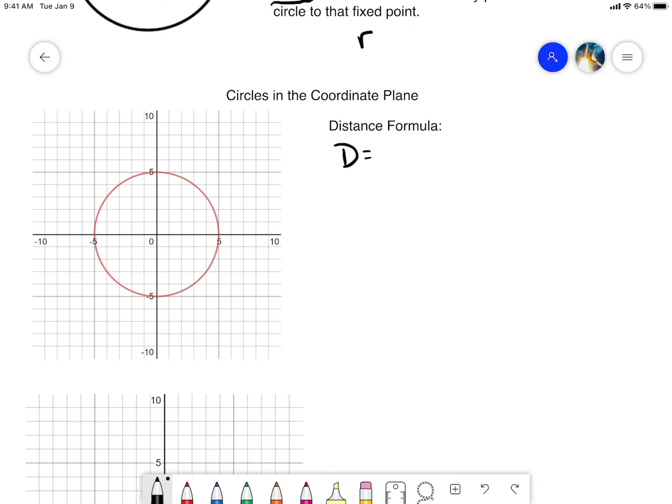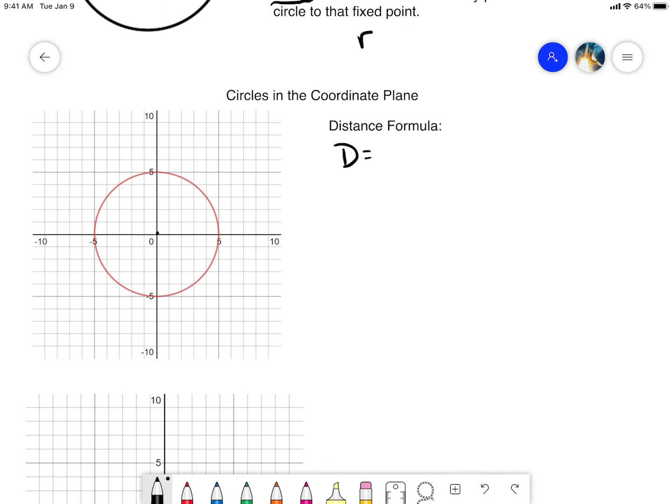Is it radius squared? No. I'm curious what you're the distance from. So again, we're not just talking about circles. I'm asking more of a recall question. Remember the distance formula that we used earlier in the year? I was thinking of diameter. Okay. Who can come up with distance?